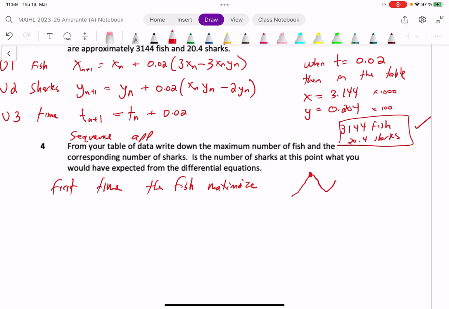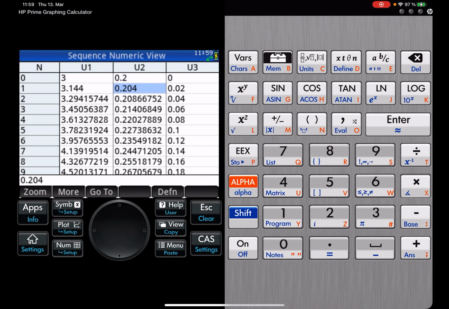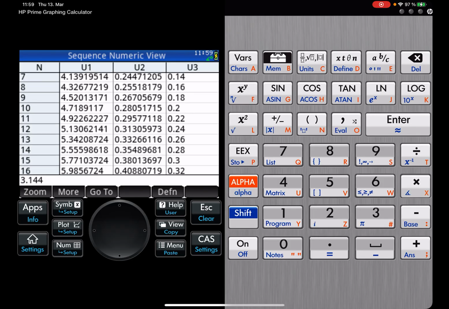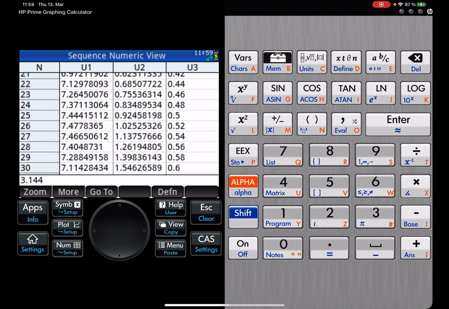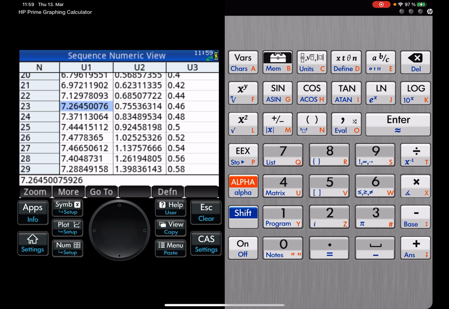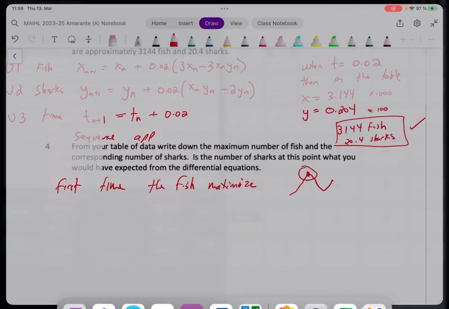And then they might start to rise again, but I'm just looking for the first one. So as I start at 0, I see they are rising, right? 4.5, 4.9, we're in the 5s, we're in the 6s, 7s, but then I start to go back down to 6. So somewhere in the 7s it goes up, then down, right? So that was the maximum, and that happens at time 0.52.